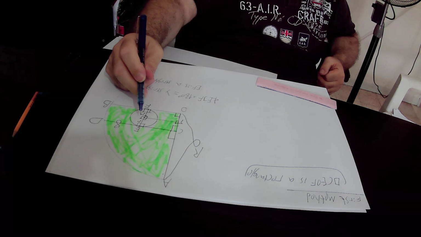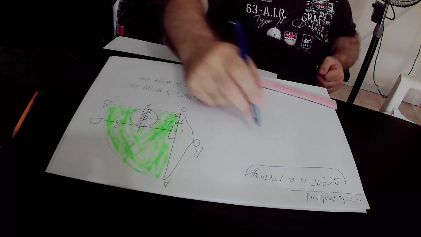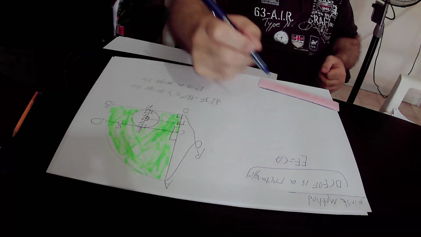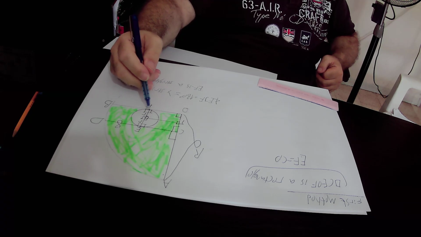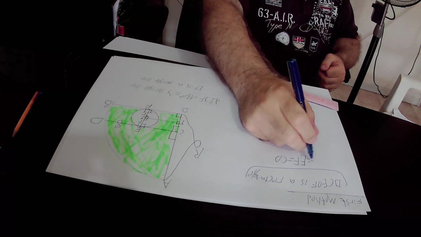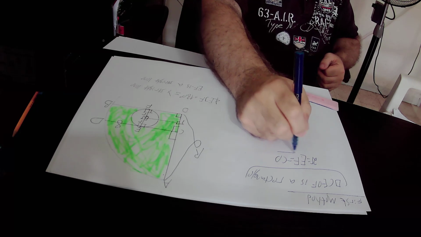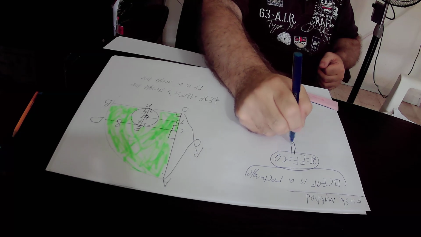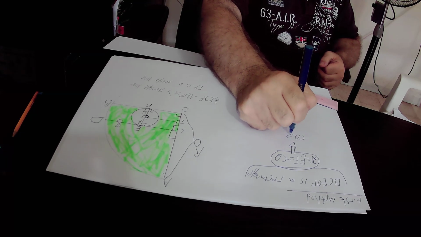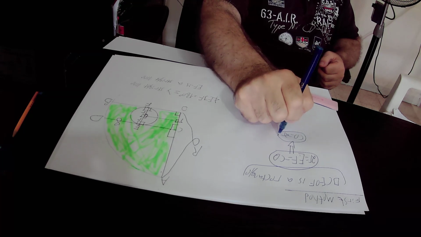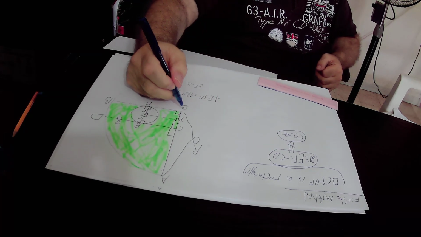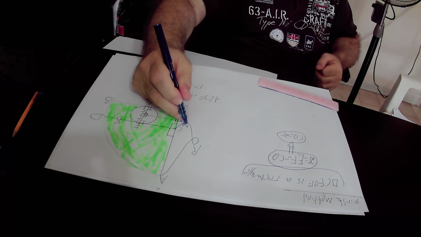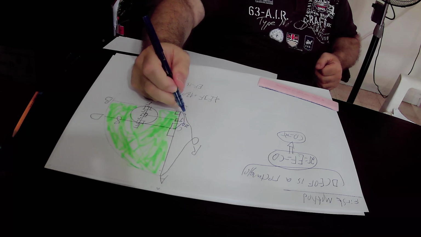That is to say, EF equals CO. But we already found out that EF equals R plus R, that is 2R. So from this equation, 2R equals EF equals CO, we derive that CO equals 2R.